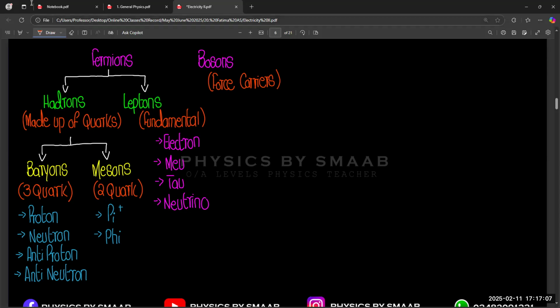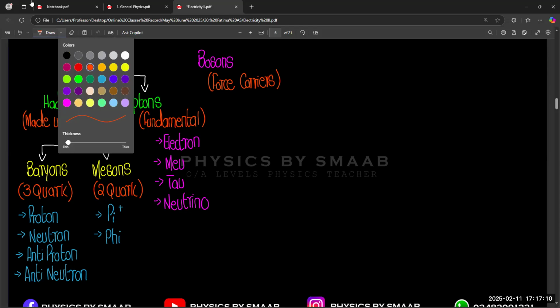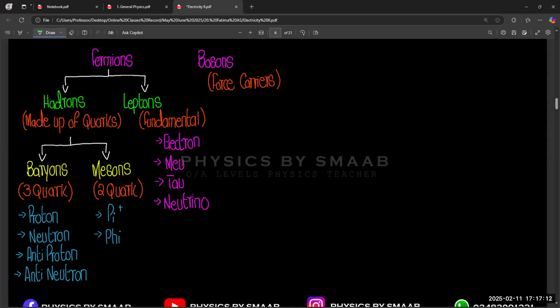And for bosons we have gluon, W boson, Z boson, photon, graviton, and Higgs boson.